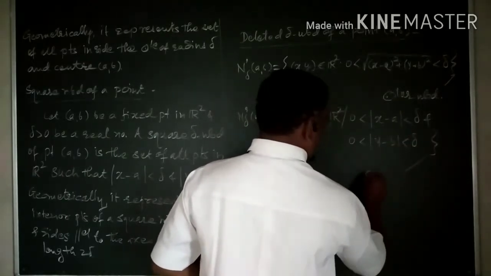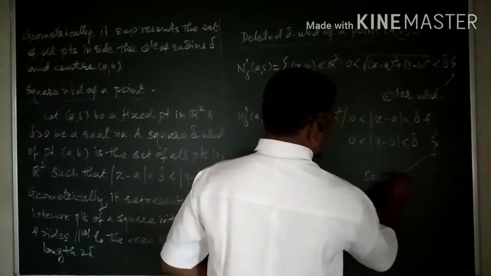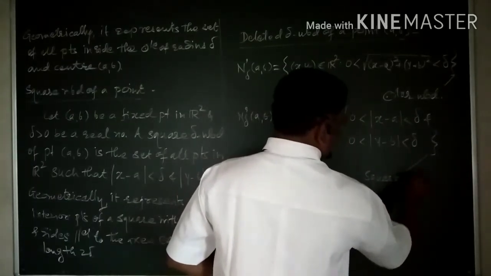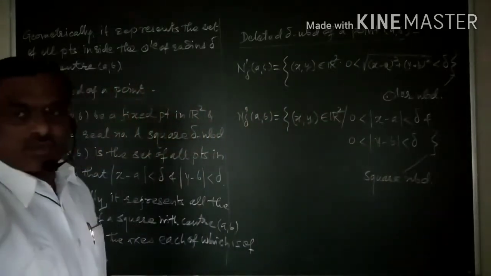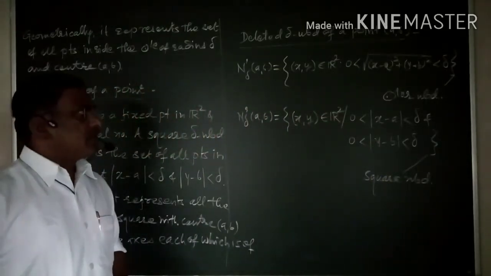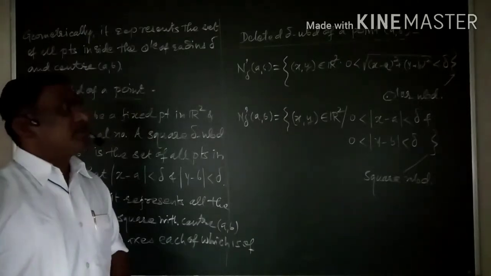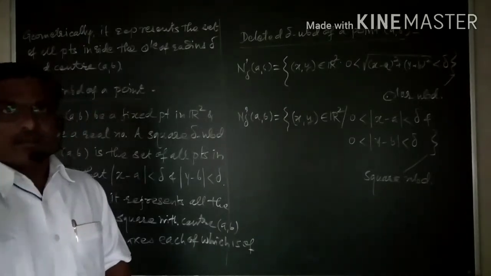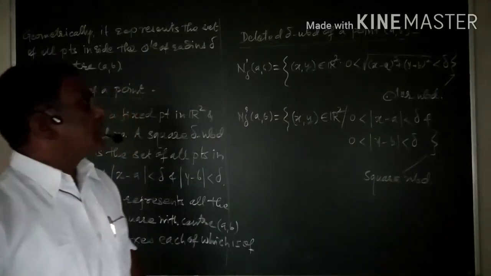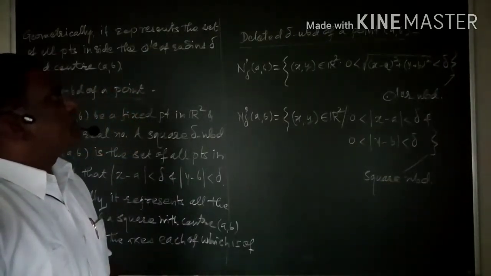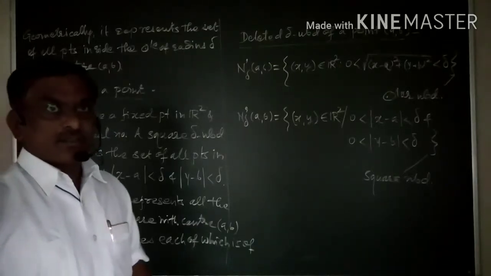This is for square neighborhood. The point (a, b) lies in the domain of the given function.